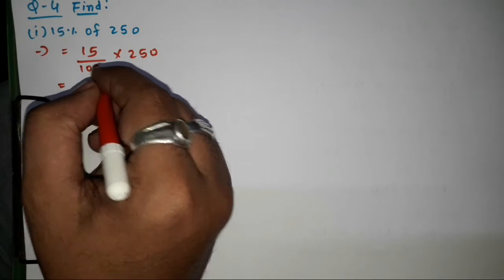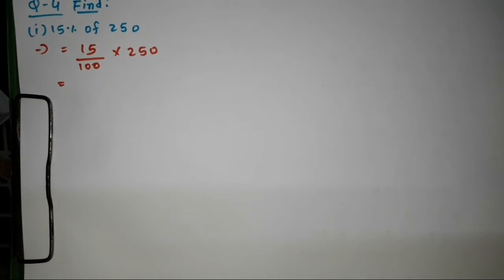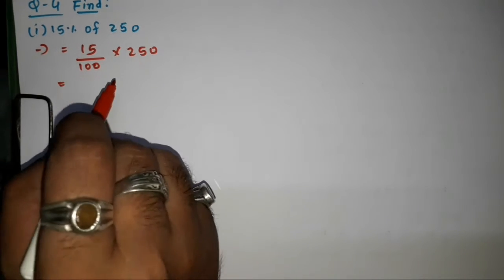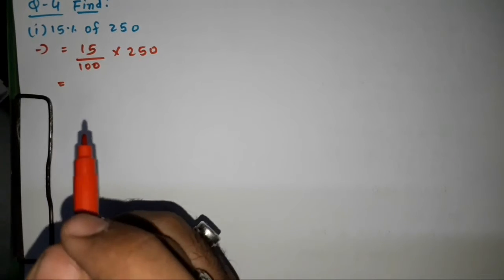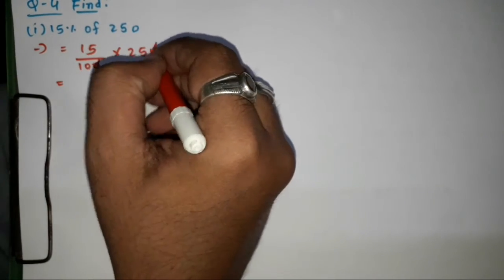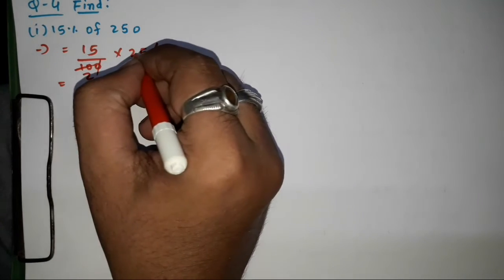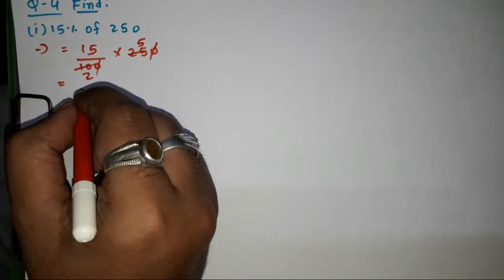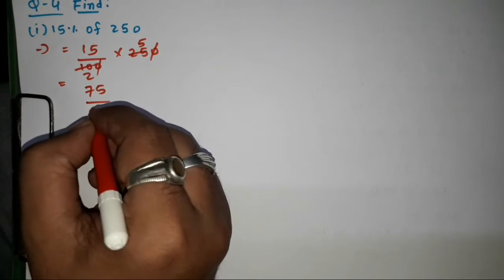This is the 15% of 250. In the introduction video you can see one particular example I explained very well regarding this; you can refer to that. Now this 0 will be cancelled. 5 2s are 10, 5 5s are 50. Now 15 5s are, we all know, 75, and divided by 2.